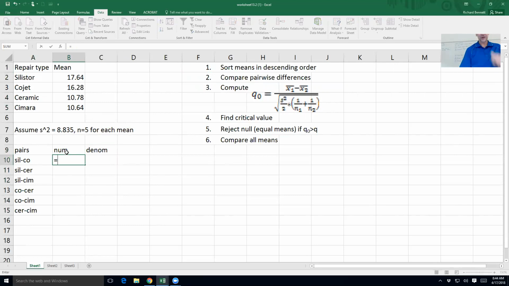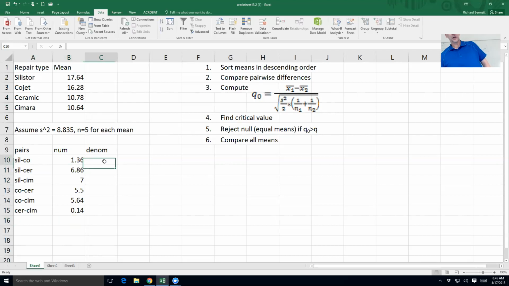Just like I've done, I'm going to go Sillistor minus Cojet, Sillistor minus ceramic, Sillistor minus Samara, Cojet minus ceramic, Cojet minus Samara, and ceramic minus Samara. So I've just done the numerator for every single pair. Does that make sense?